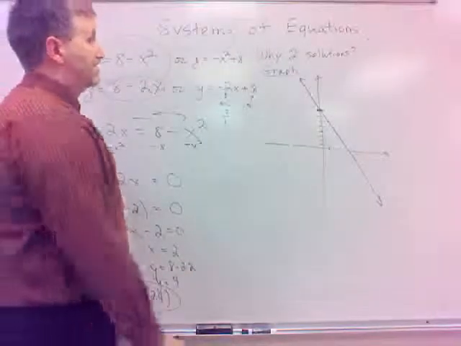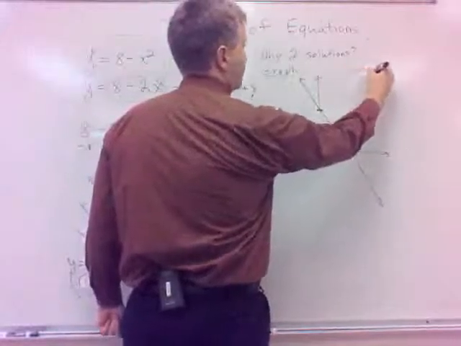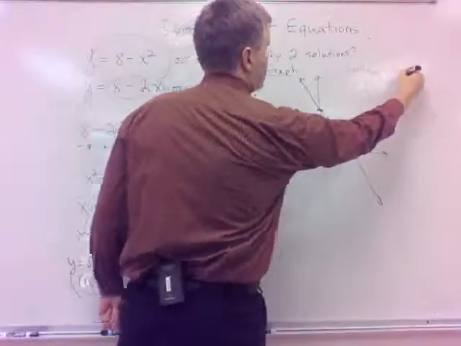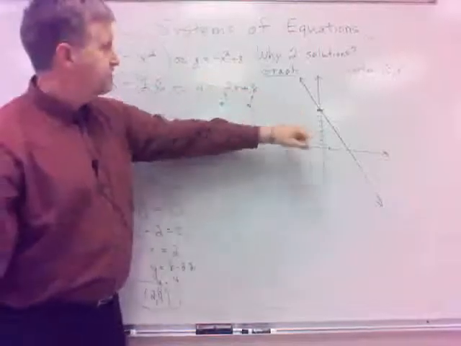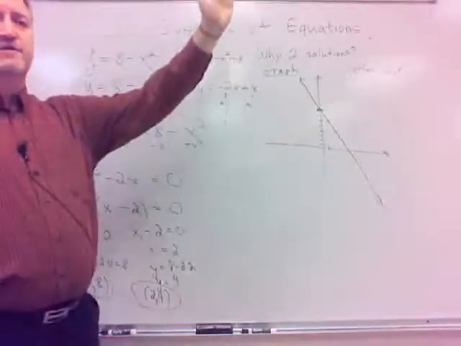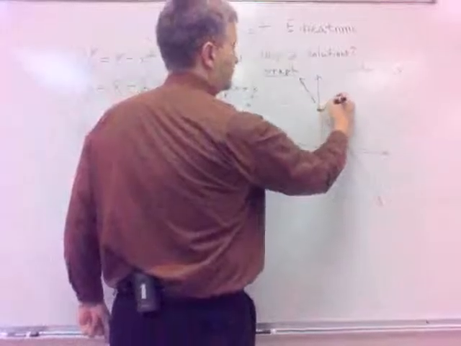What's the vertex? Vertex be 0, 8, wouldn't it? That's another thing we talked about. Since it starts at 0, 0, and I'm just shifting it up 8, the vertex is 0, 8. So here's my vertex of the parabola.